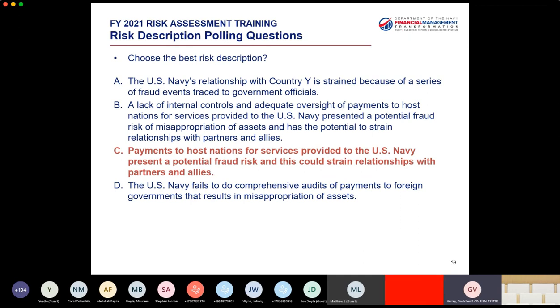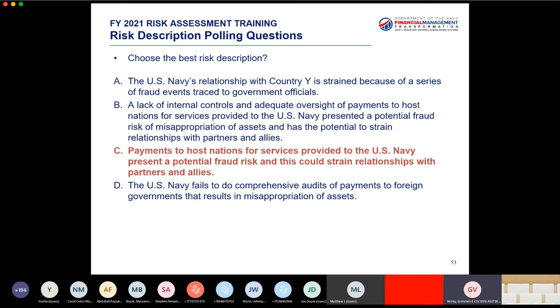So the reason we picked C over B is because B does get into some vague stuff: a lack of internal controls and adequate oversight of payments. That is still kind of high level. It's not clear enough what the condition might be.